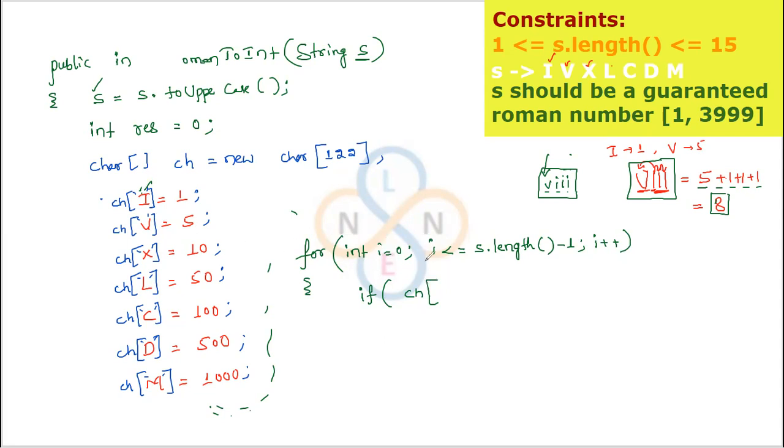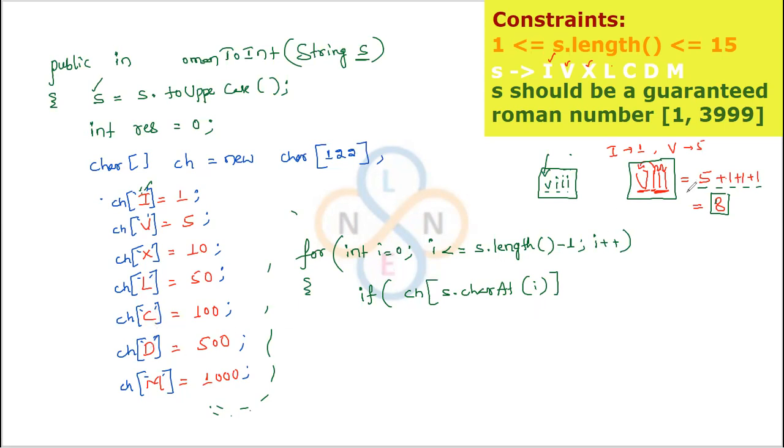This I or V is nothing but a character of the string. How do we get it? s.charAt(i), then closing of this ch array. So it means ch of I or V or X or L C D M; we are checking here.